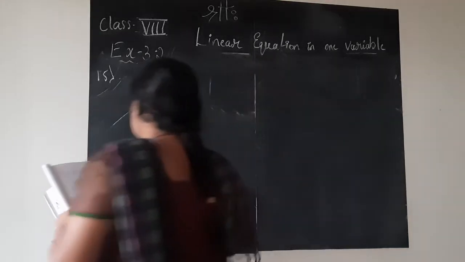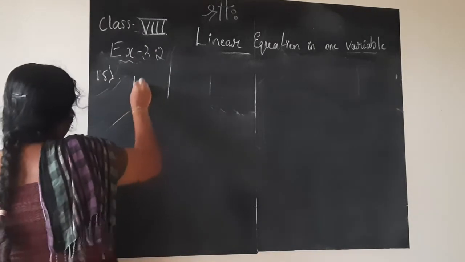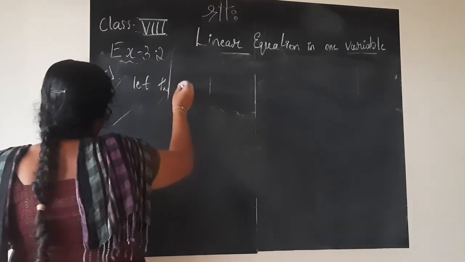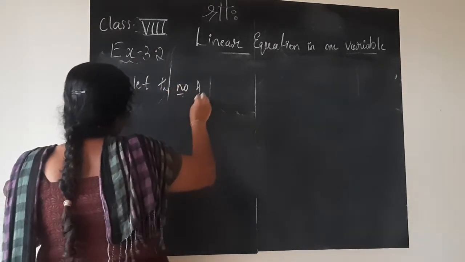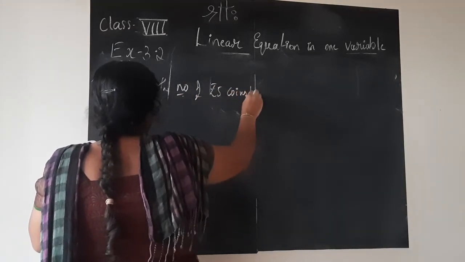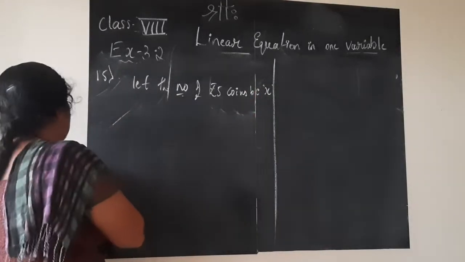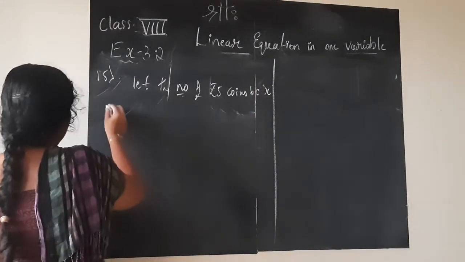So the first sentence will be: let the number of rupee 5 coins be x. So let it be x. Let the number of 5 rupee coins be x.